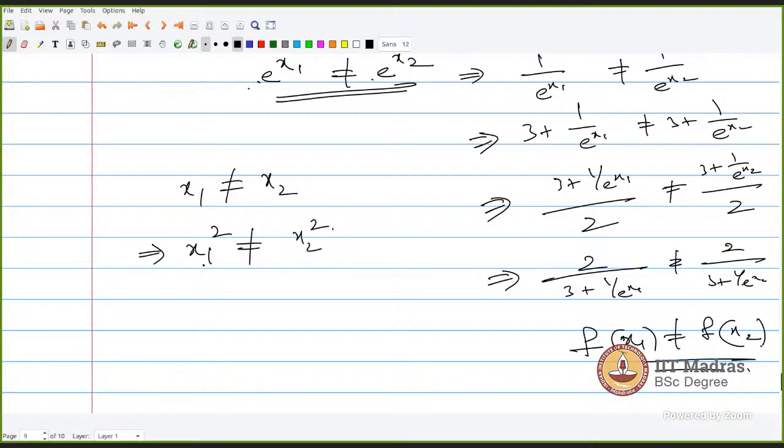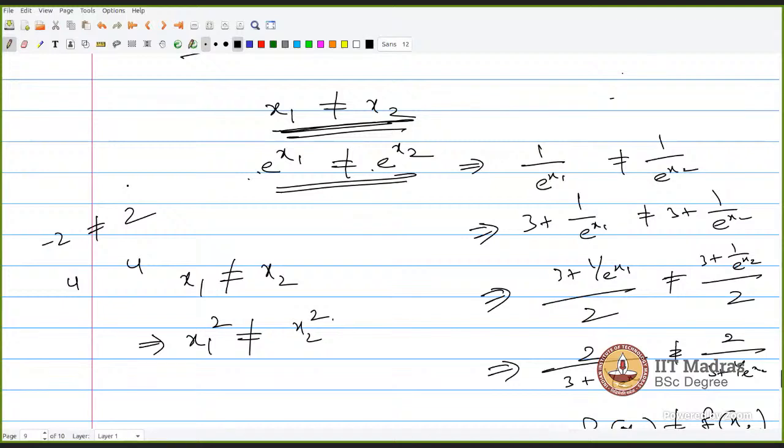No, sir. See, minus 2 is not equal to 2, but if I square both, they give the same answer, 4 and 4. But we can take x1 equal to -2 and x2 equal to -1. In that case f of x1 is not equal to f of x2.